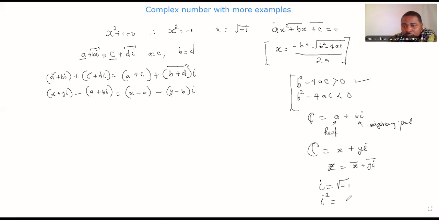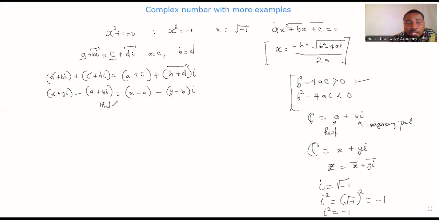I'm going to get the square root of -1 all squared. From our simple algebra and indices, this is just -1. So technically, -1 is the same thing as i squared, basically, because this will allow you to multiply complex numbers.